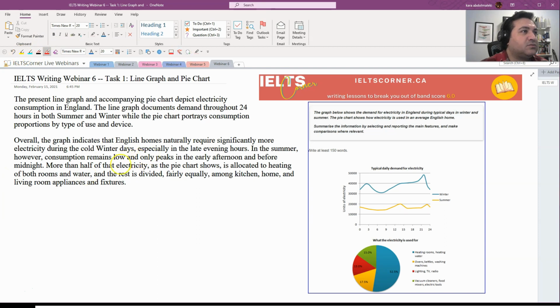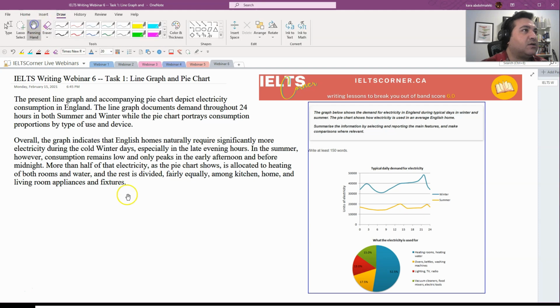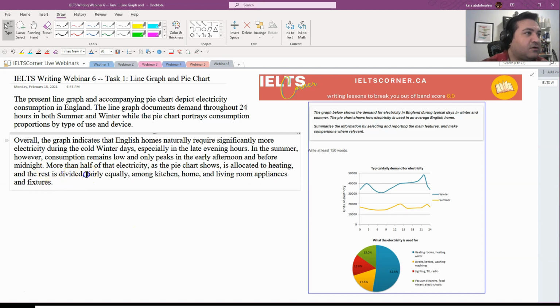Now, since I have too many words here, I'm thinking maybe I can move this or just delete it. It's allocated to heating, and the rest is divided fairly equally.